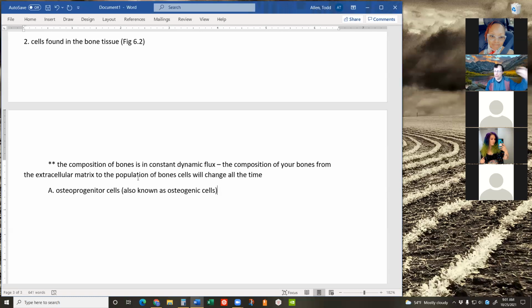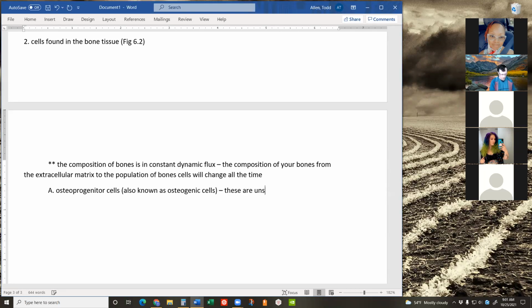So the osteoprogenitor cells are also called osteogenic cells. These are the unspecialized bone cells, which form from a primitive type of embryonic connective tissue, which you might recall studying in chapter 4, called the mesenchyme.